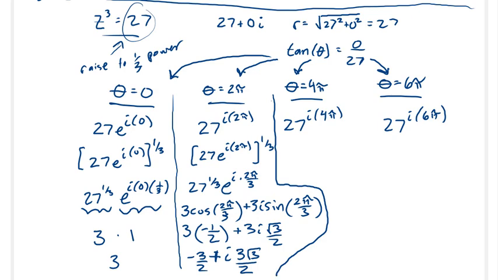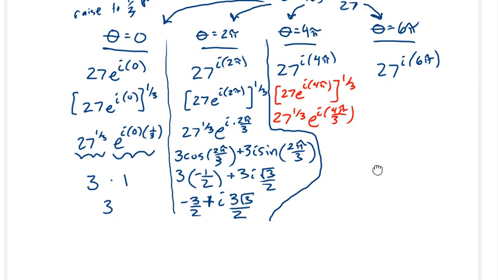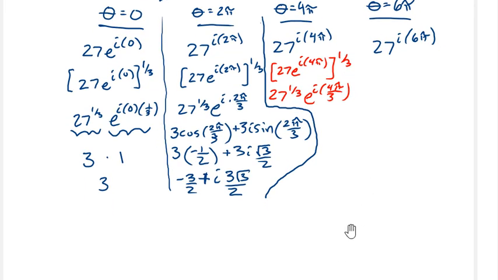All right. Getting a lot of stuff in a little bit of space here, so let me change colors. So here, same thing, let's do 27 e to the i times 4 pi raised to the 1/3. Well, that's going to be 27 to the 1/3 e to the i times 4 pi over 3. And I'm really running out of space here.